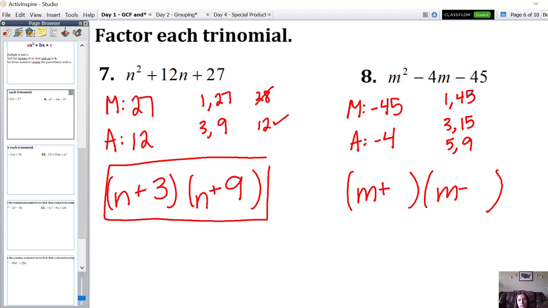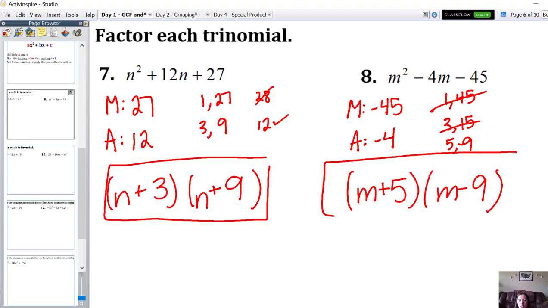Negative 1 plus 45 is 44. 1 minus 45 is negative 44, so that's not going to work. Negative 3 plus 15 is 12. 3 minus 15 is negative 12, so that's not going to work. Negative 5 plus 9 is 4, but 5 minus 9 is negative 4. I want that negative 4, so I want my 5 to be positive and my 9 to be negative.